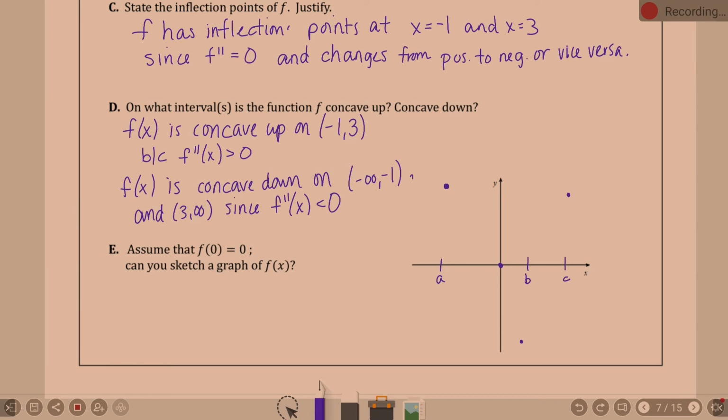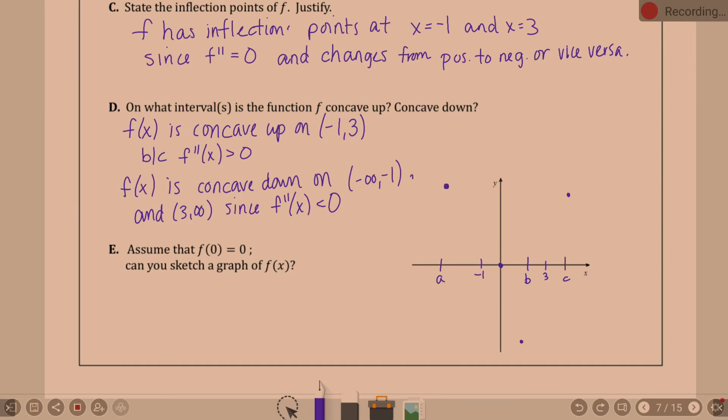Okay. We know it goes through 0, 0. This is the hard part, to get it all in. There are inflection points at -1 and 3. Let's see, -1 was here, 3 was here. Inflection point is where my graph is going to change concavity. This is where I struggled to make it all come together. But you can see the shape, right?